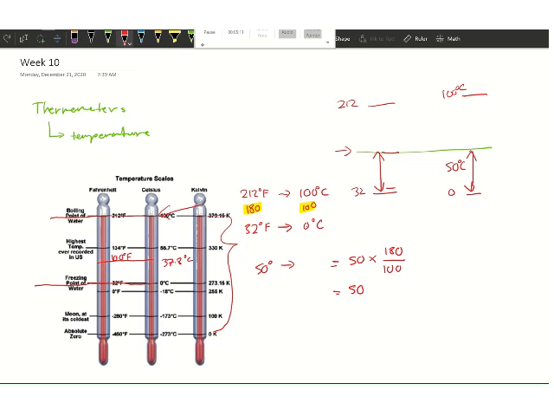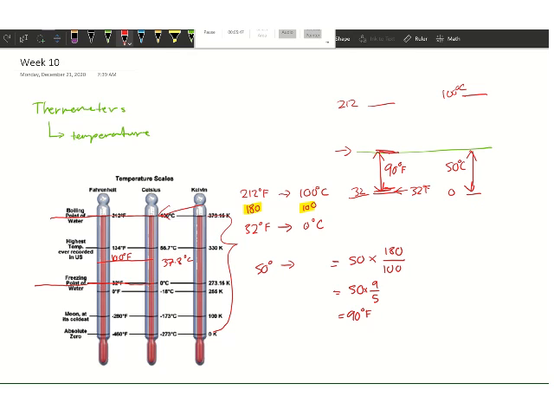If I divide by 20, that gives me a multiplication by 9 over 5. So 50 divided by 5 is 10, times 9 is 90 degrees Fahrenheit. Remember, this is only the gap, from here to this point only. Remember that we already started here, so this level is already 32 Fahrenheit.